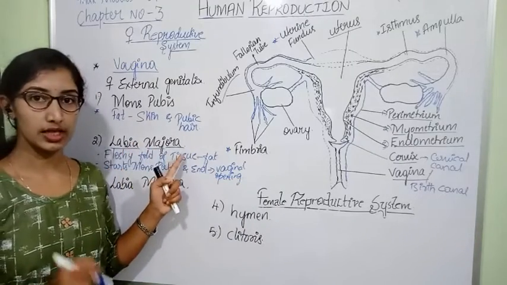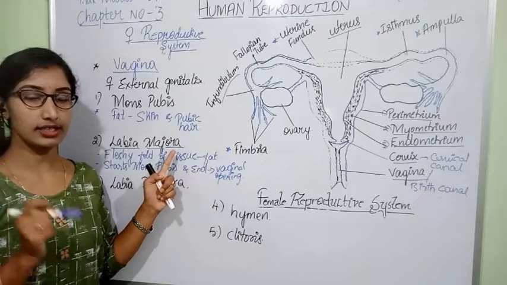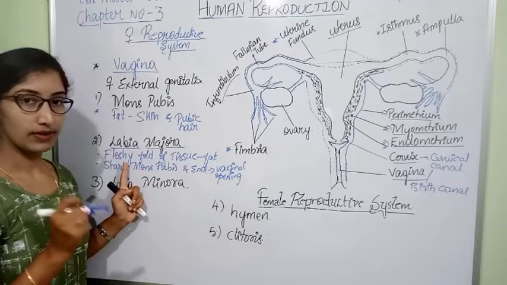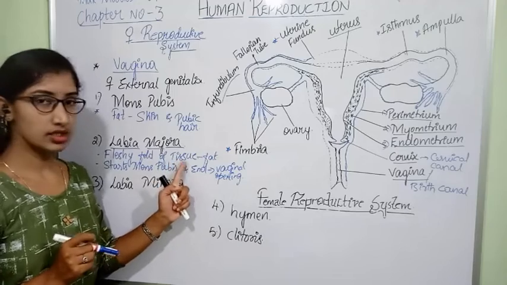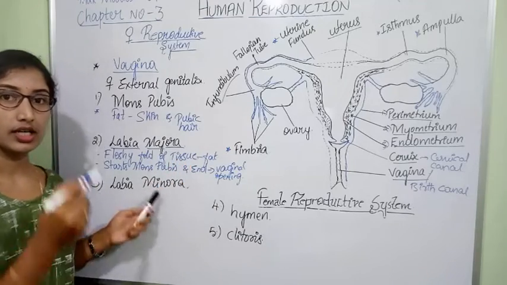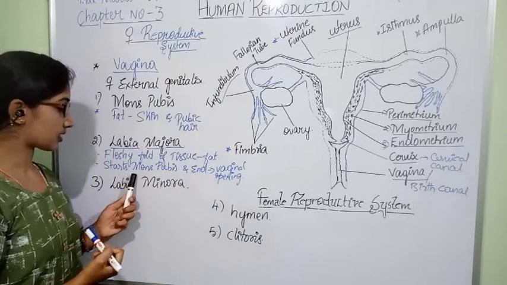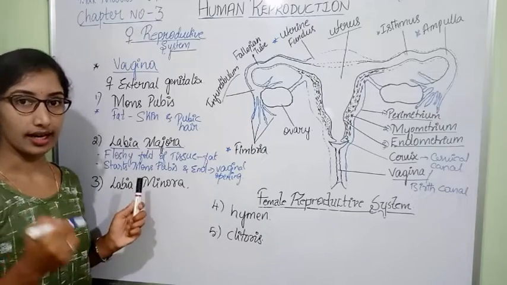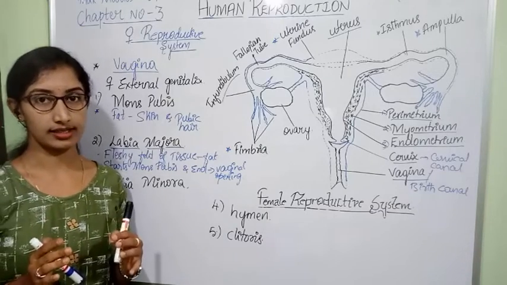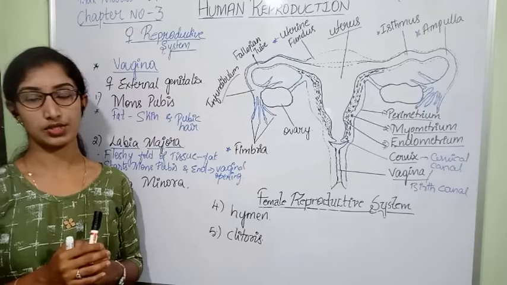Labia majora is a fatty tissue or a fleshy fold which starts from the mons pubis and ends at the opening of the vagina.